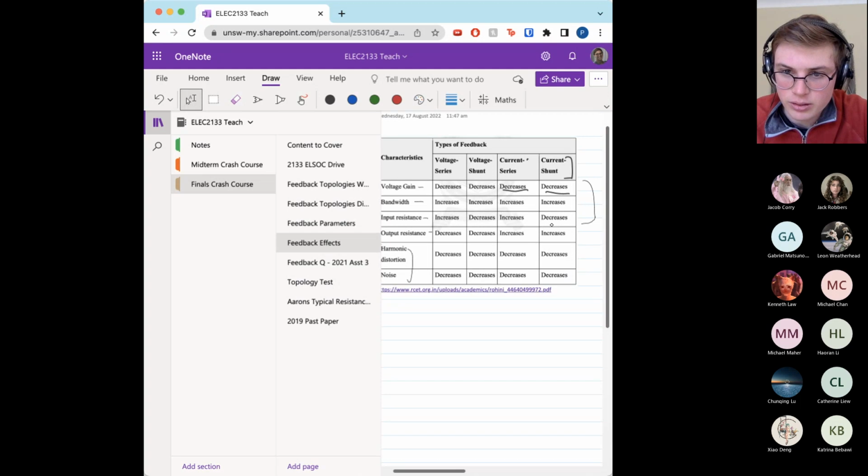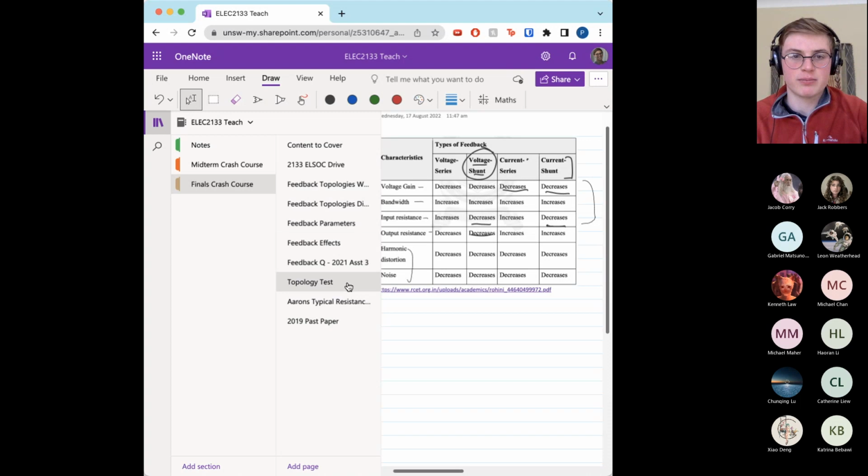The input resistance is going to decrease, and the output resistance should also decrease. Okay, we're looking at voltage shunt, sorry. That's what the shunt means. So both input and output resistance should decrease.